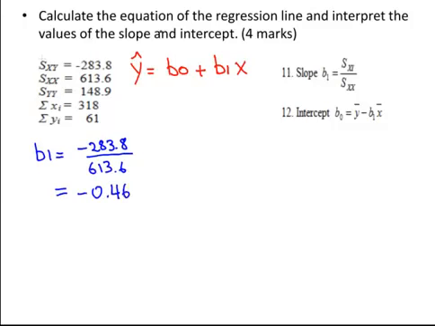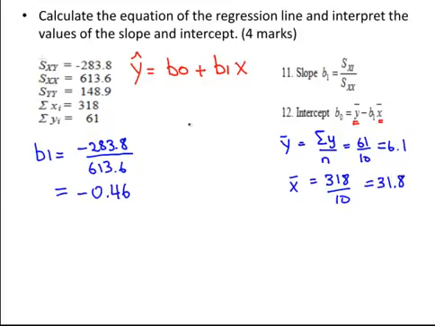So far, so good. The next part is the intercept estimate, and make note of the fact that we have to use the mean of y and the mean of x, which is the mean number of days they've missed and the mean age. We can compute those quite easily. Y bar, the average number of days missed, is simply the sum of the y values divided by n. n here is 10, as there are 10 people in the data set. So it's 61 divided by 10, which equals 6.1. Likewise, x bar is 318 divided by 10, which is 31.8.